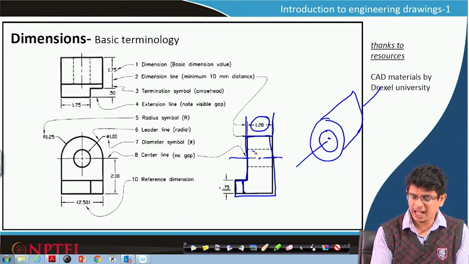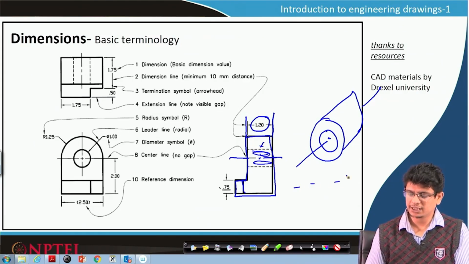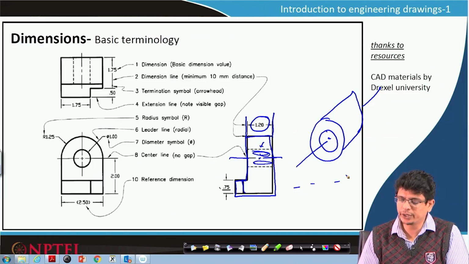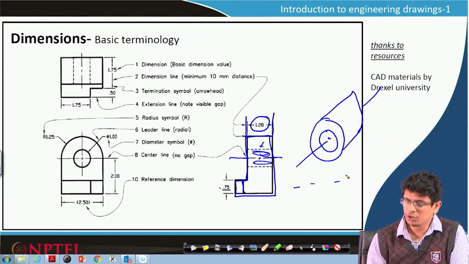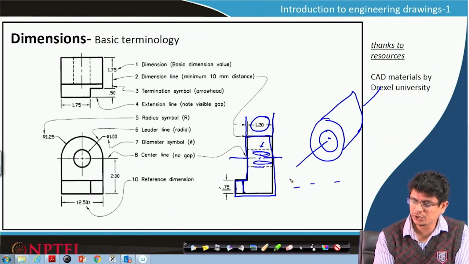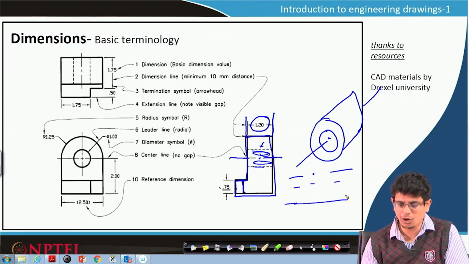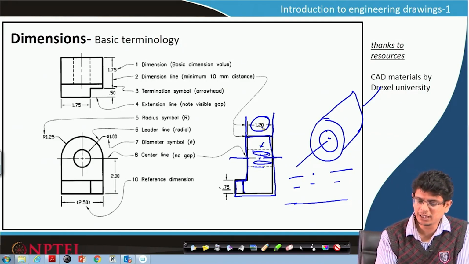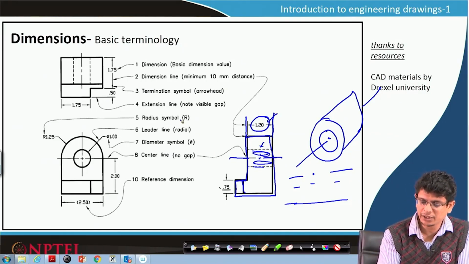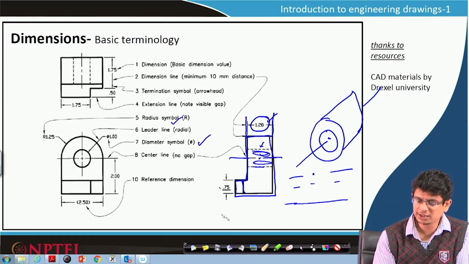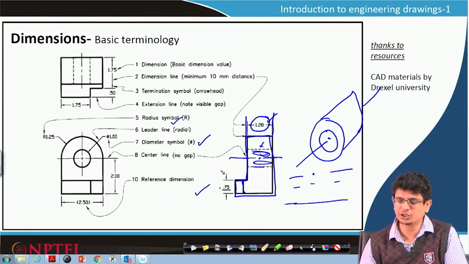Whenever material has been scooped out, or whenever there is a material is about to begin, we show it by these dash lines. These are the inside details. During our course, we will learn about what are these dash lines and also dash dot lines and what are these continuous lines also. As of now, we will look at dimensions and radius symbols, diameters and these reference dimensions.